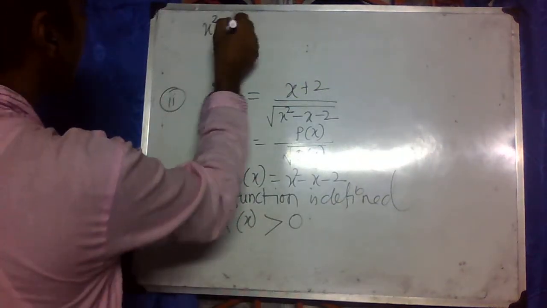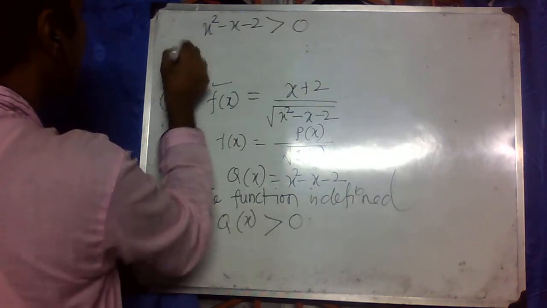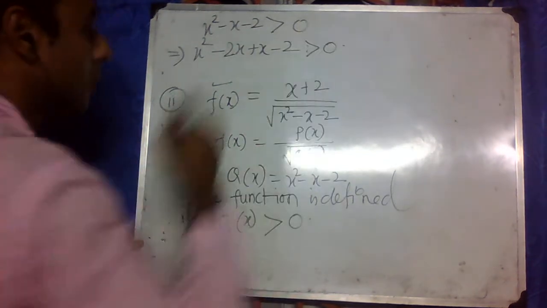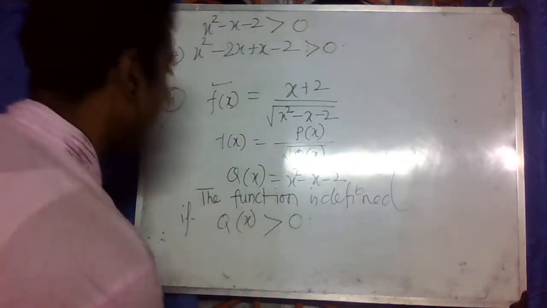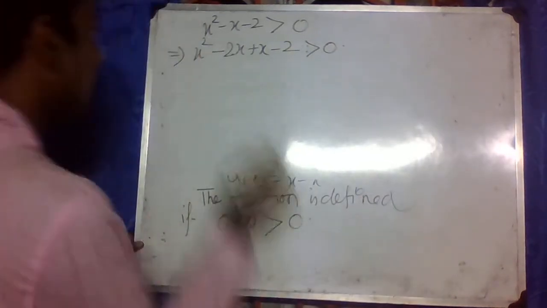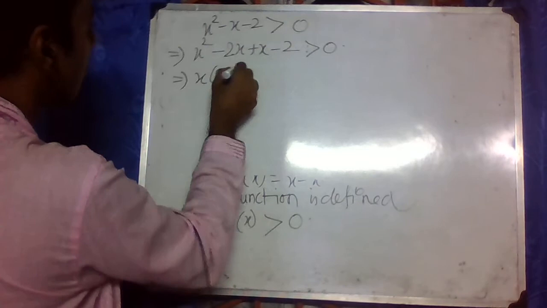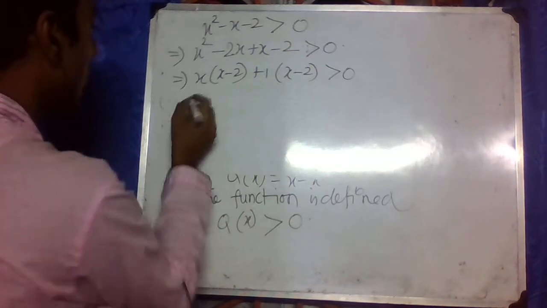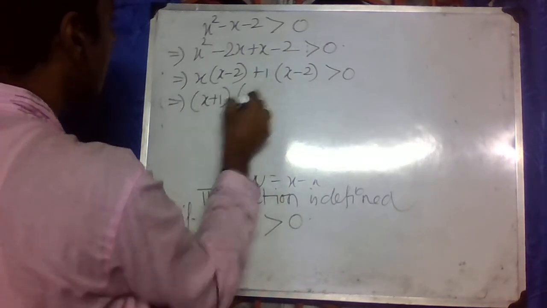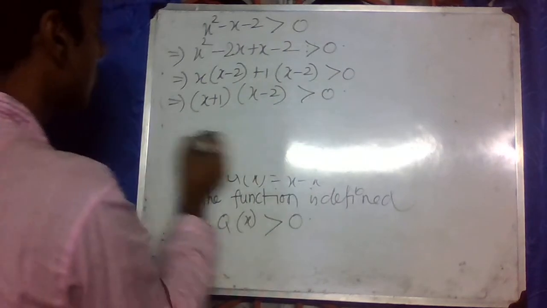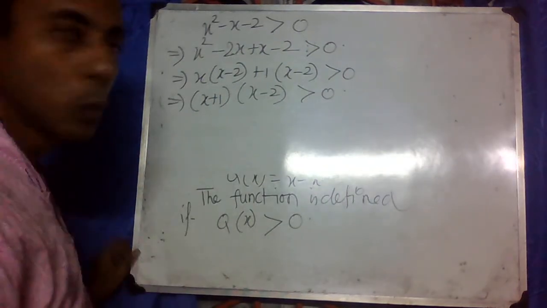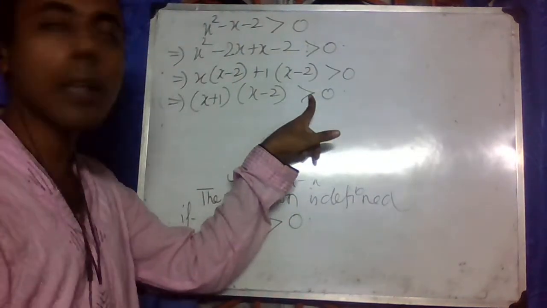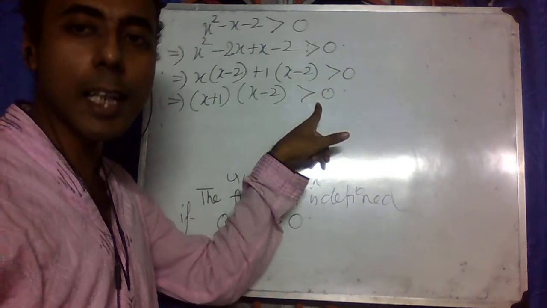That means x square minus 2x plus x minus 2 greater than 0. Taking common factors, (x plus 1)(x minus 2) greater than 0. Again by result 2, result 4, strictly, the equality sign is not here, so strictly greater than 0.